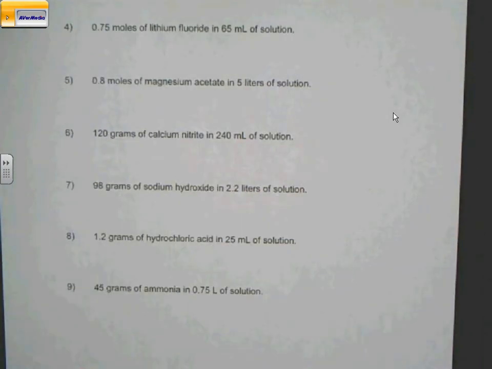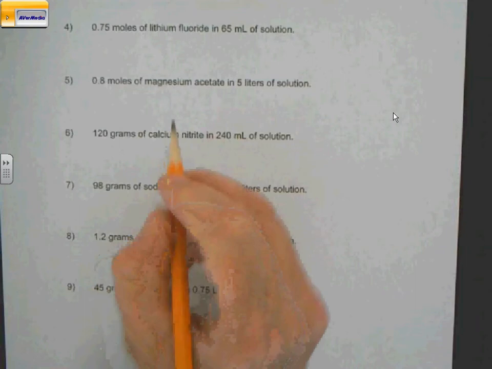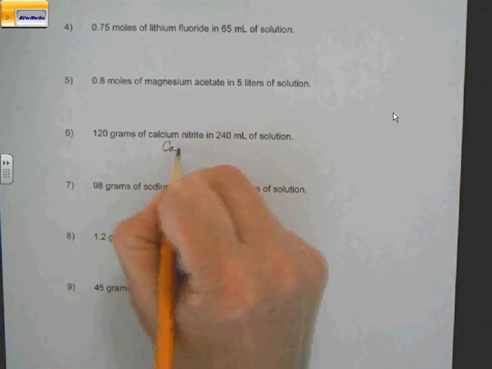All you have to do is convert how many grams you have to the number of moles you have, which means you have to know how to write the chemical formula. So, how do you write calcium nitrate? I'm sorry, it's not nitrate, it's nitrite.